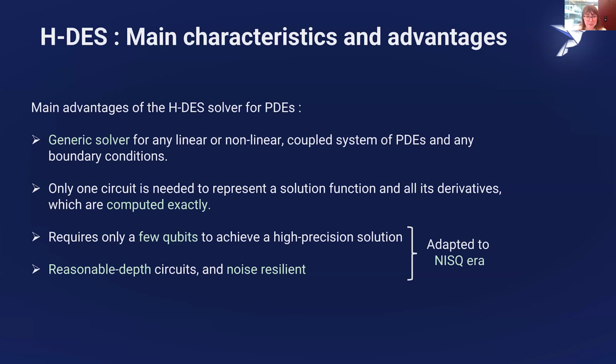So here, I just tried to summarize the main characteristics of HDES once again for solving PDEs. So first of all, it's a generic solver for any linear or nonlinear coupled system of partial differential equations and any boundary conditions. And only one circuit is needed in the HDES algorithm to represent a solution function and all of its derivatives. And these derivatives are computed exactly, as I said before.